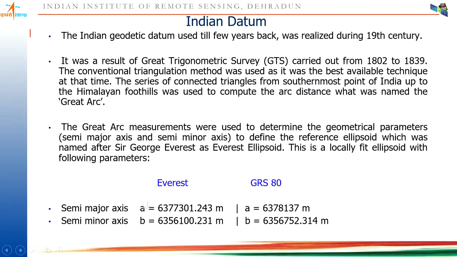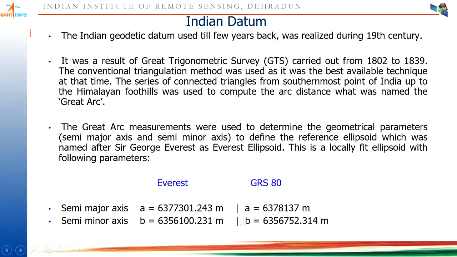If you see the semi major axis of the Everest ellipsoid that was developed by the survey, it was 6377301.243 meter, and the semi minor axis was 6356100.231 meter.